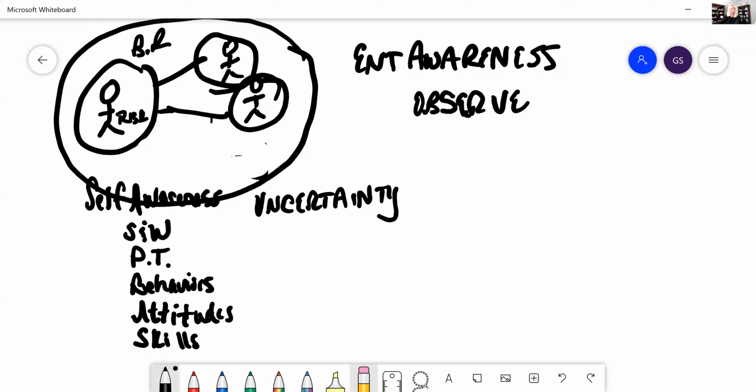So we need to take the next step, and this is what the 386 class is working on right now: to really look at those observations and from there truly identify what the problem is. In order to do this, we're going to have to practice our empathy skills.